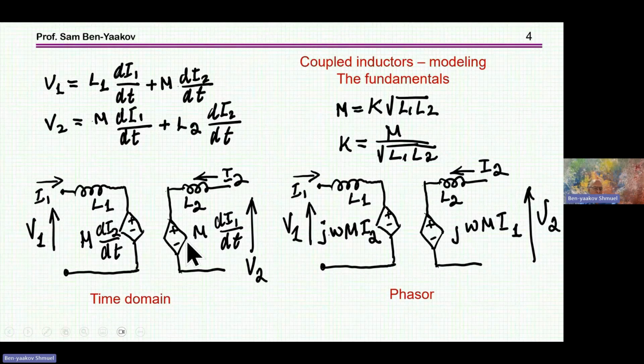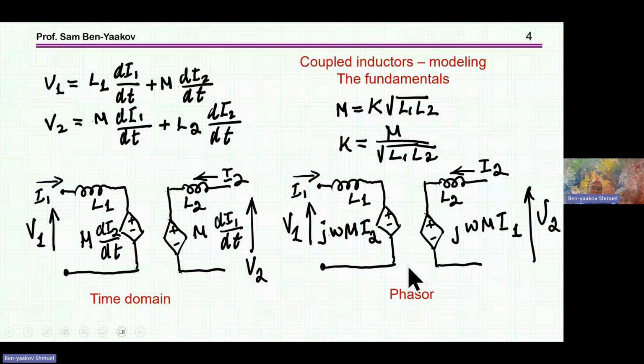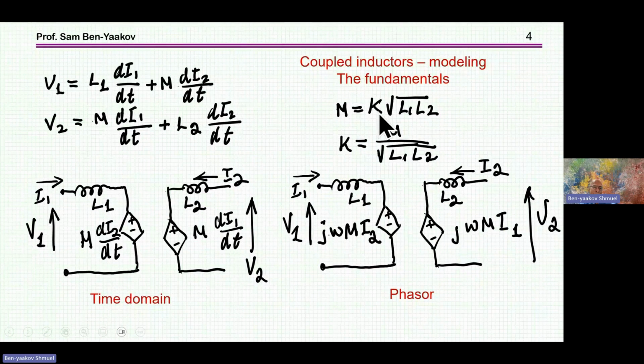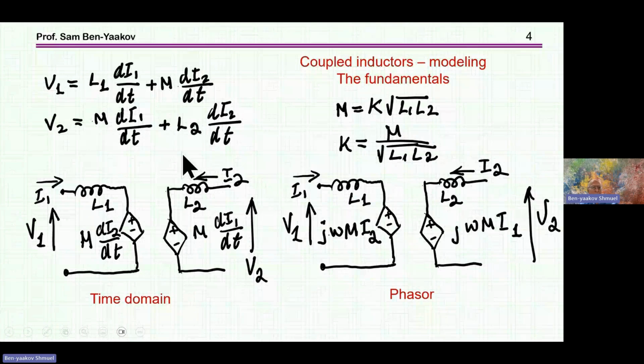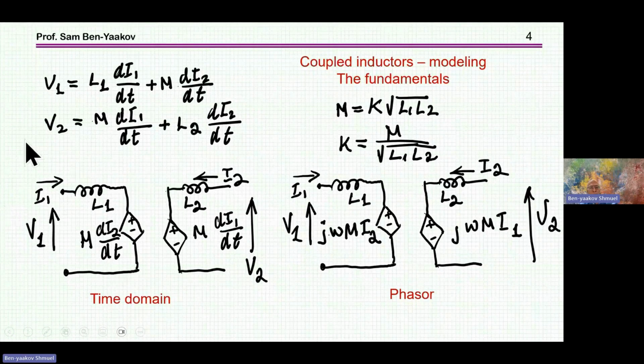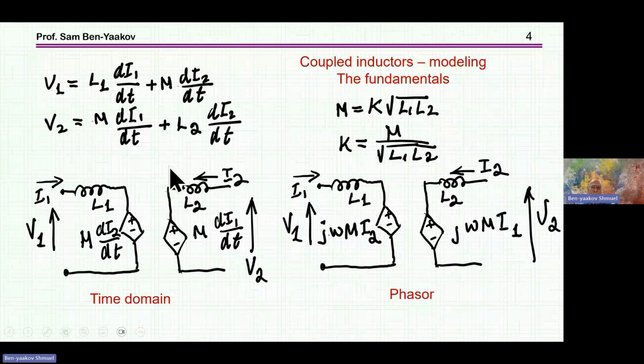For a given frequency, we can use phasor analysis, and in this case the derivative becomes omega M, derivative of I, if it's cosine omega t, and then we end up with this very familiar equivalent circuit or model of a coupled inductor, where k is the coupling coefficient, which is the ratio of the flux going from one side to the other, k equals M over the square root of L1 L2. In fact, the way to measure the coupling coefficient is to measure the mutual inductance and then get the value from M over the square root of L1 L2.